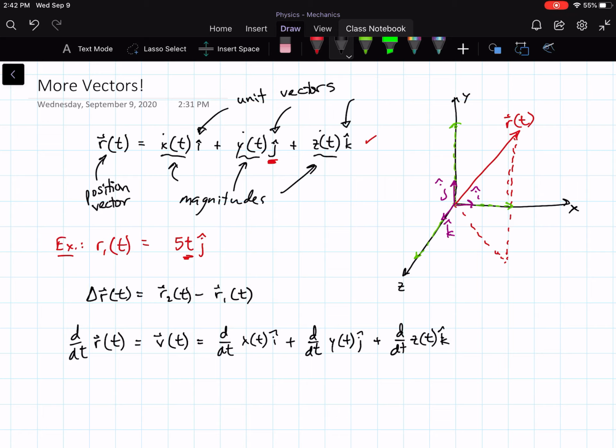Okay. So yes, you can separate out the derivatives in this way. The unit vectors you can just factor out. You're just taking effectively the derivative of these functions, as they might be constants, or they might be, like this one was, a single power of t, or might be something more complicated, but that's the basic idea.